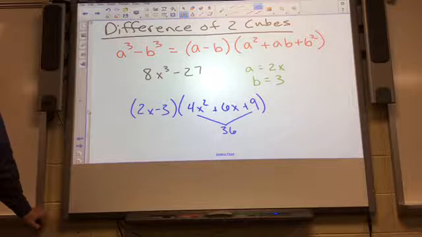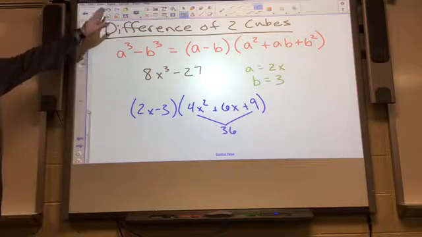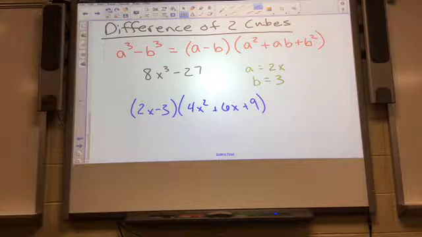Well, 6 and 6, but that adds to 12. 12 and 3, but that only gives you 15. 18 and 2 gives you 20. Okay, so there's nothing, right? So you're done in this case. But you need to check that, because you will run across those where that happens.